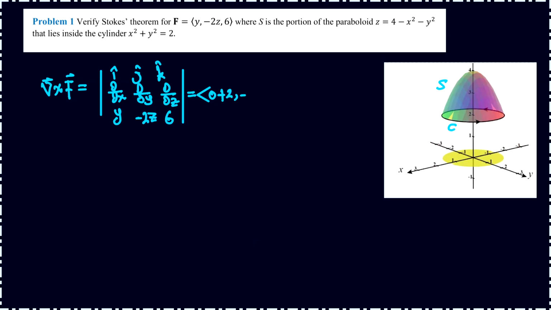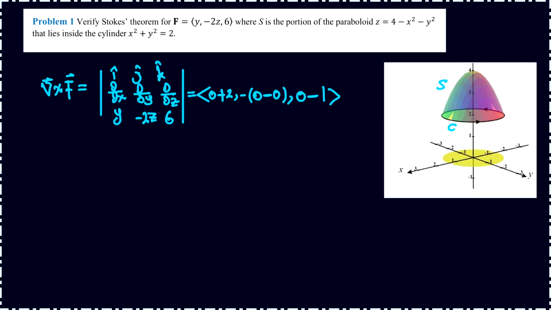Okay, the second component, we take the partial derivative of 6 with respect to x, which is 0, minus the partial derivative of y with respect to z. That is also a 0. 0 is good news. And we have the partial derivative with respect to x of 2z, 0, minus the partial derivative of y with respect to y, that's a 1.